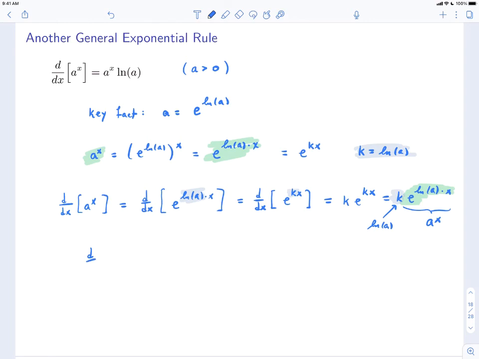So the derivative with respect to x of a to the x is equal to ln of a times a to the x. Or if you want to rewrite it, a to the x times ln of a. And this allows us to differentiate a to the x for any base.